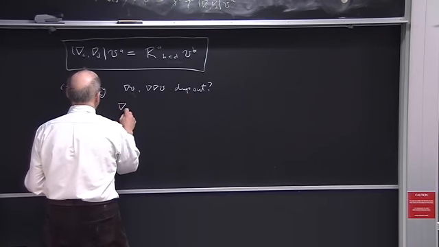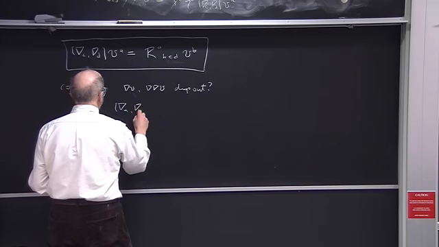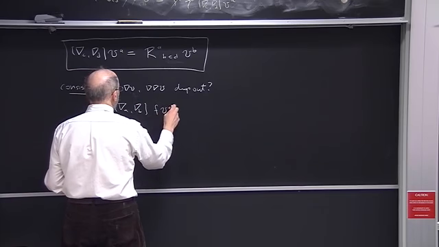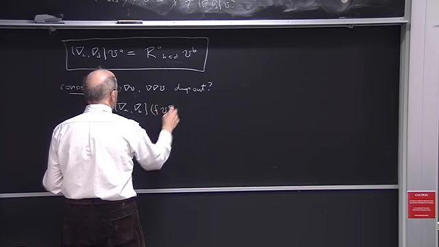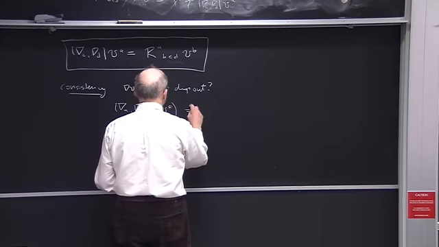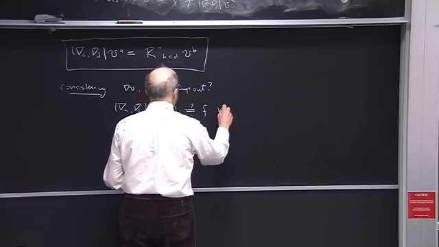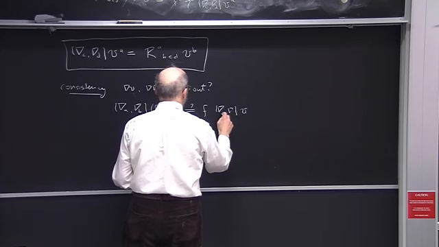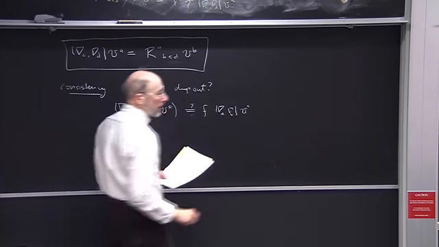So is it true that this commutator C acting on fV equals f times the commutator acting on V? Is it clear?